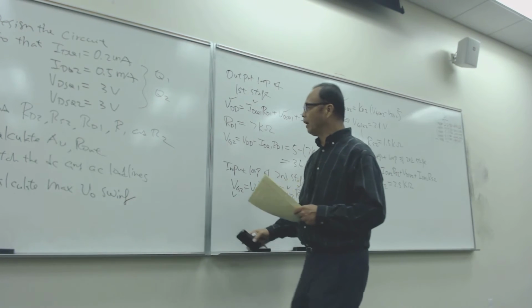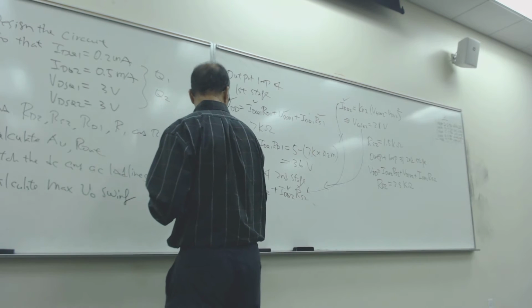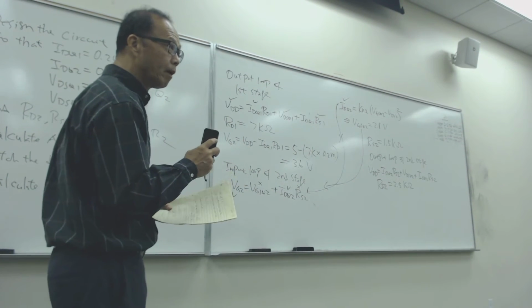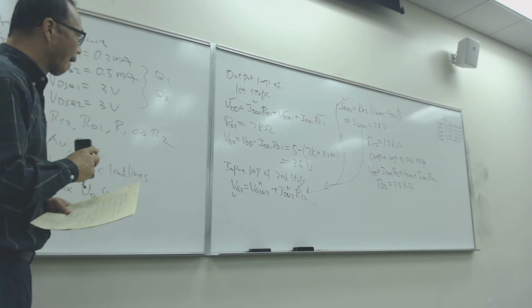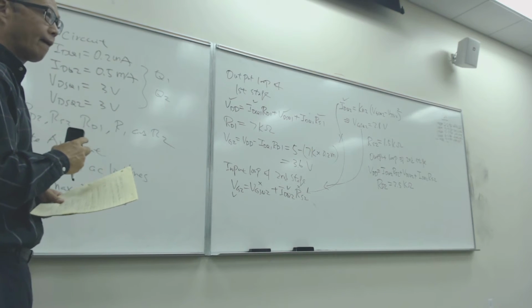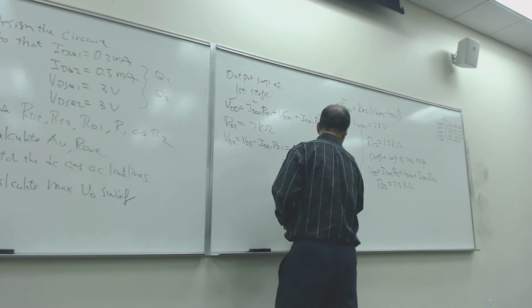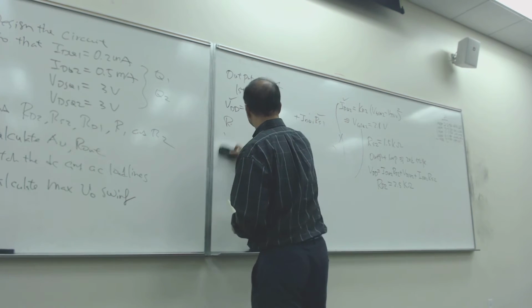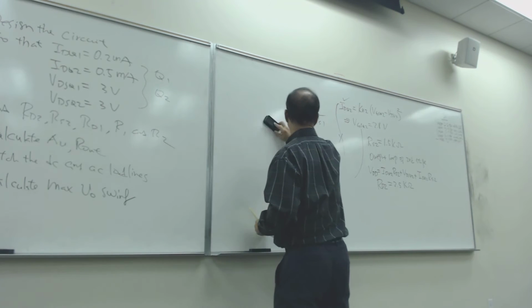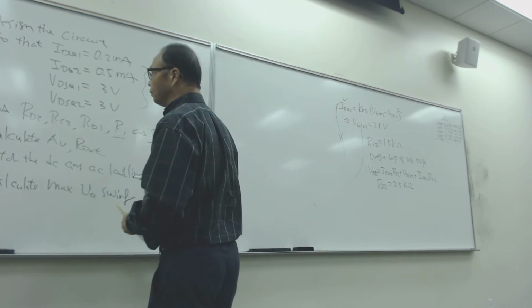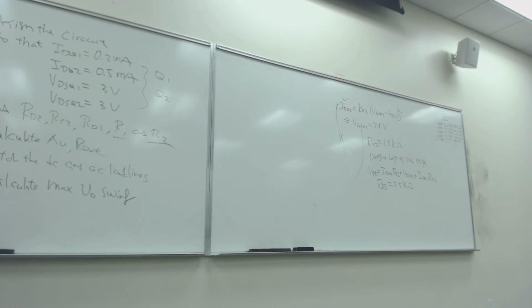Now we have to find R1 and R2, yes? So now we try to find R1 and R2. Let's call it VG1, okay?